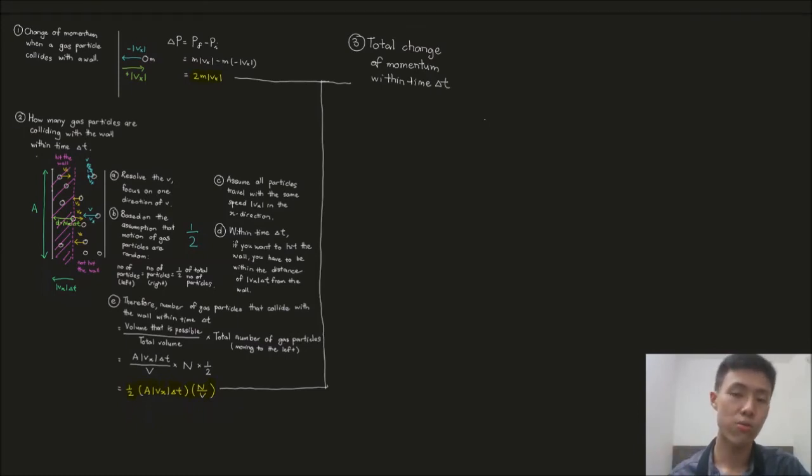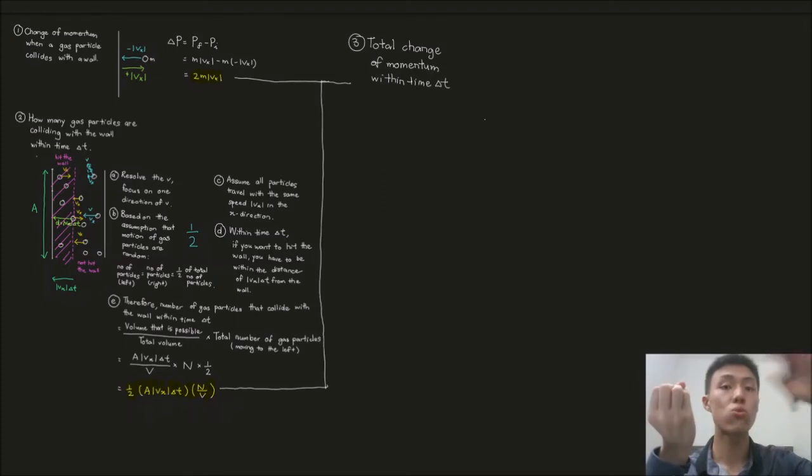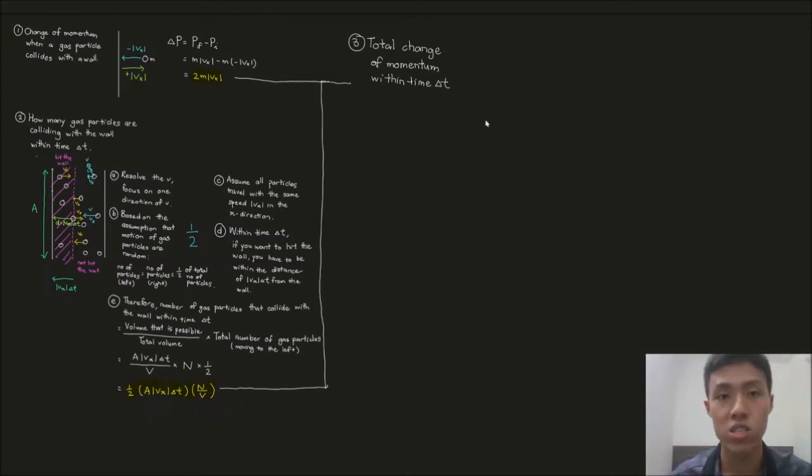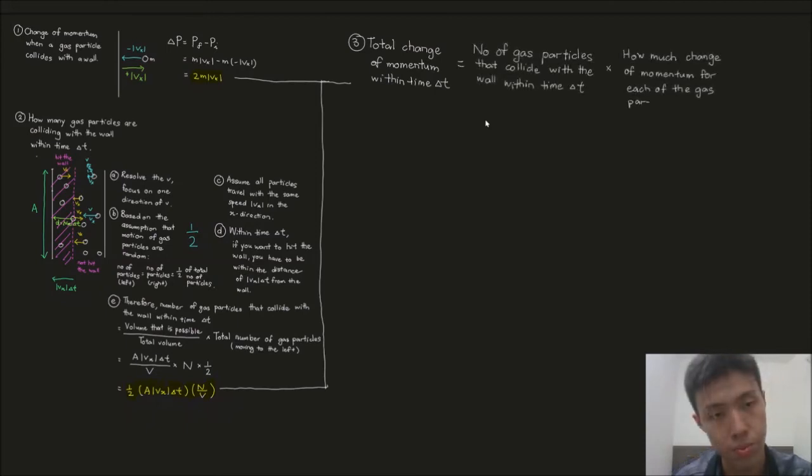So we are going to find the total change of momentum, and we know it's the multiplication of the change of momentum of one particle with the total number of particles that are colliding within this time delta T. Let's write it down in words first. It will be the number of gas particles that collide with the wall within time delta T, which is essentially this thing that we got down here.